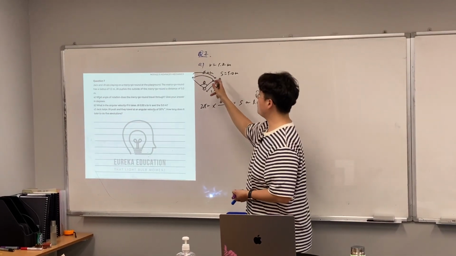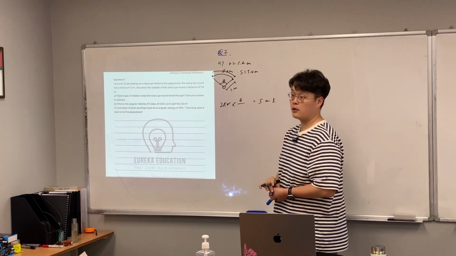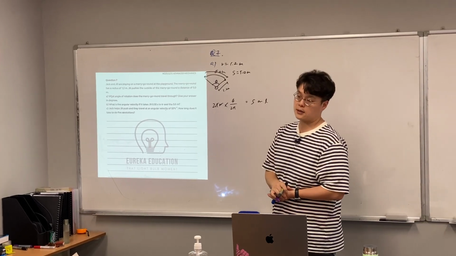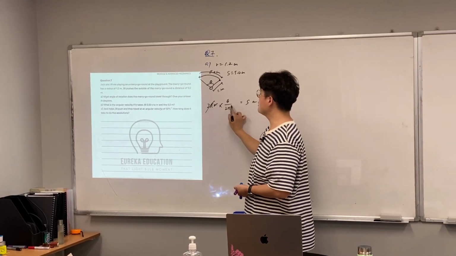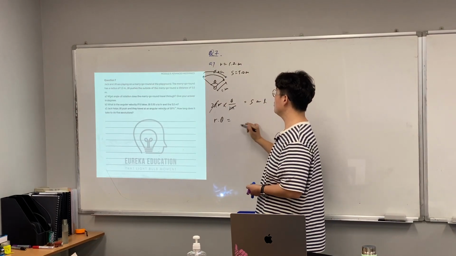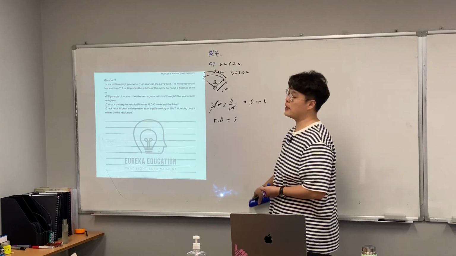Because one circumference takes 2 pi r. If you think of this from a partial angle, we cancel the 2 pi out. We get r times theta, which gives you the displacement, or L. I should just write s here.